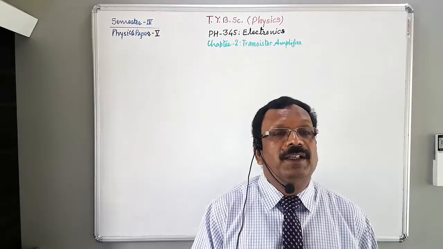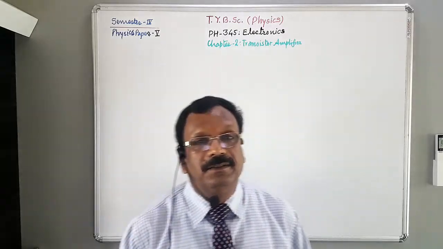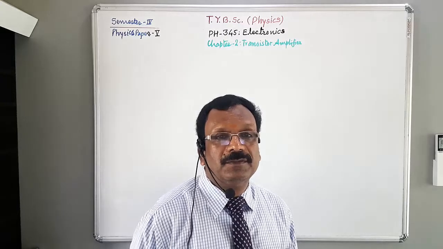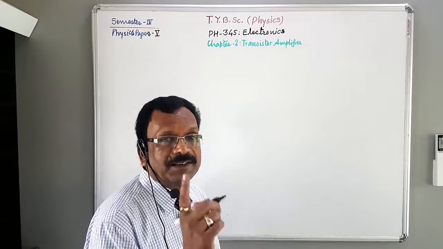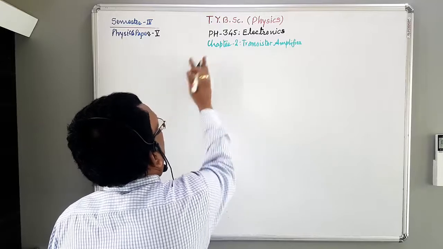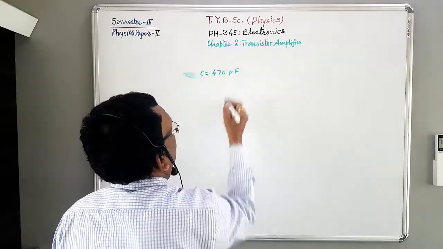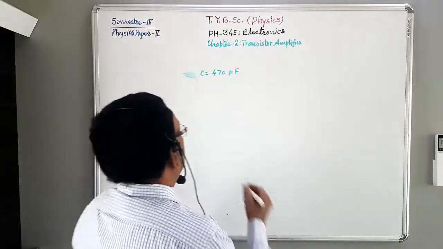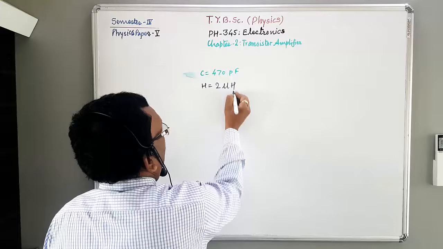So first problem: calculate the resonance frequency of a tank circuit, that is class C operation. In the problem of the tank circuit of class C operation, the value of capacitor is given, C is equal to 470 picofarad, and the inductor is also given, L is equal to 2 microhenry.